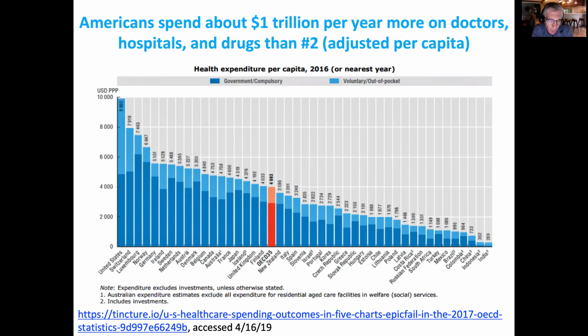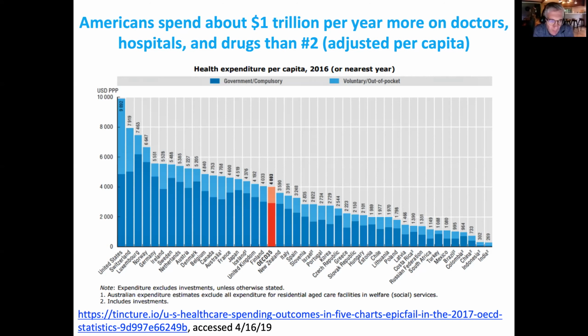There in the red bar in the middle, you see the OECD average. And as you move to the right of the figure, the cost goes down. One thing to notice here, and we'll touch on this again in a second, is that the dark part of each bar is government spending, and the light part of each bar is private spending.